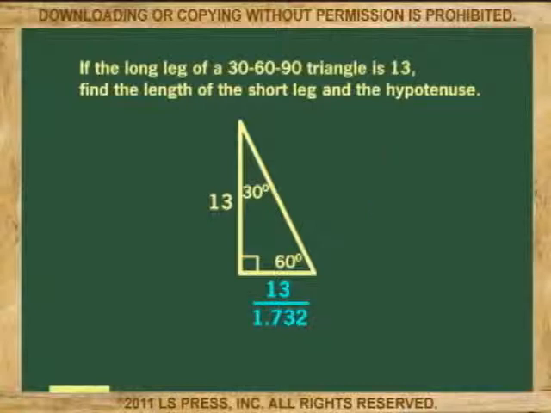So using 1.732 for the square root of 3, we divide 13 by 1.732 and get 7.5. The short leg of the triangle is 7.5. If the short leg is 7.5, then the hypotenuse is double 7.5 or 15.